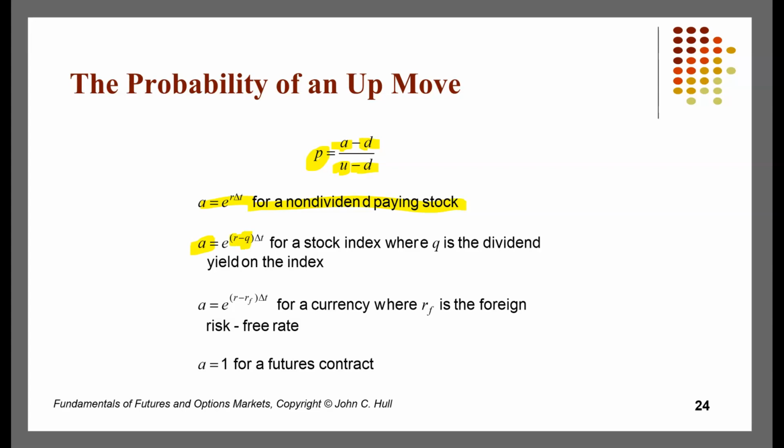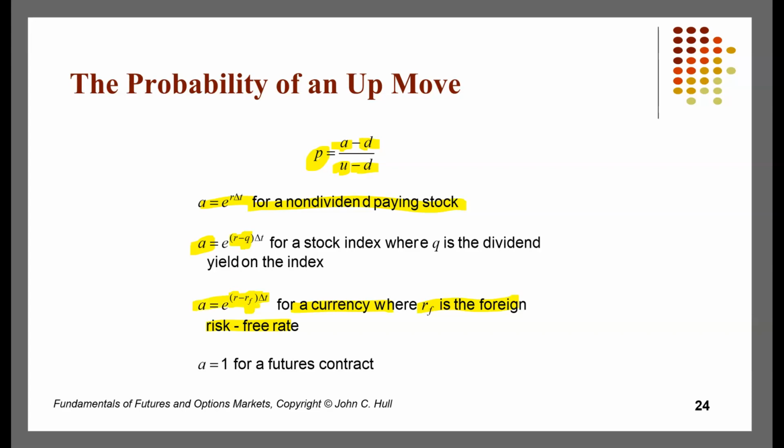When we are working with currencies, we use covered interest arbitrage or the interest rate parity theorem. That theorem simply said, depending on how the quote was, if it was a direct quote, we would take the return of the domestic country minus the return of the foreign country. That's essentially what we're applying here, where RF is the risk-free rate of return in the foreign country.